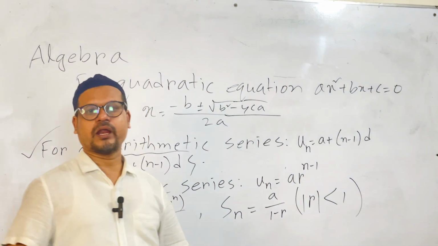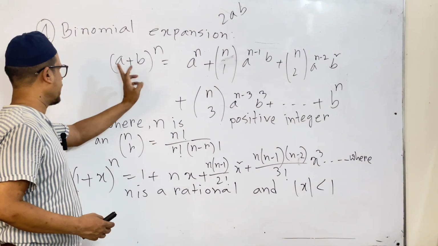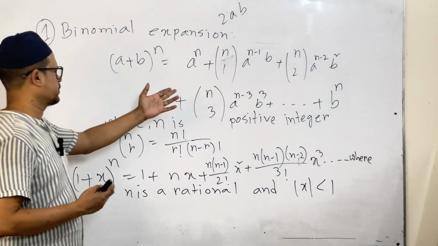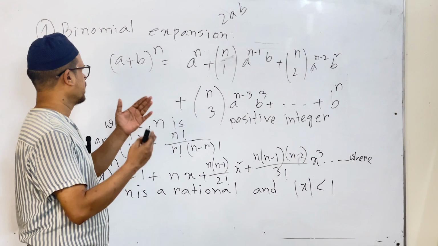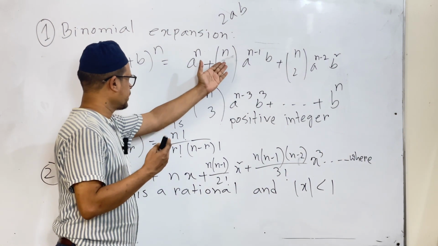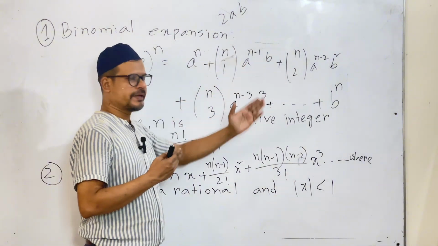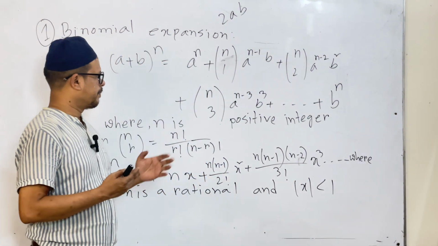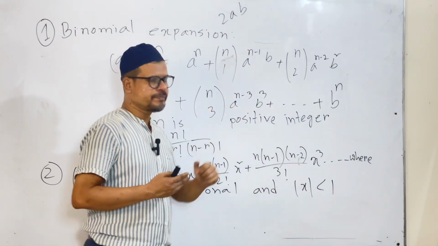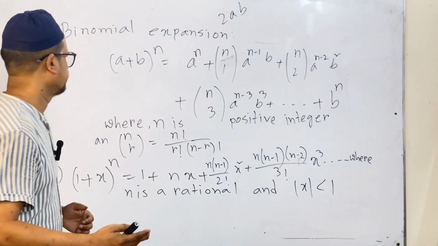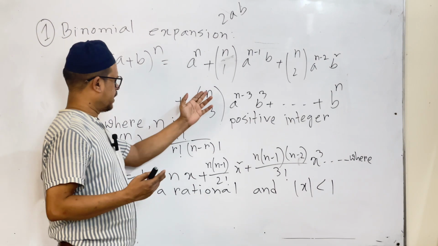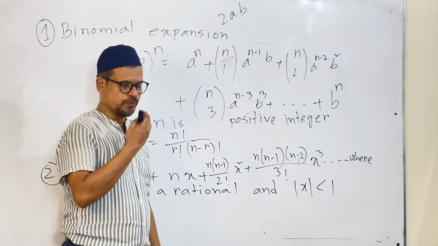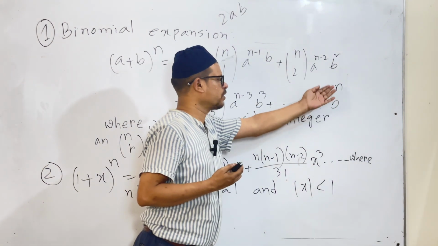Here are the binomials, a plus b to the power n. The binomial expansion will be like this: a to the power n plus n choose 1 times a to the power n minus 1 b, plus n choose 2 times a to the power n minus 2 b square, plus n choose 3 times a to the power n minus 3 b cube, plus and so on, plus b to the power n.